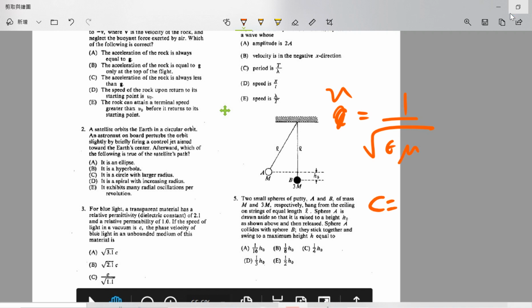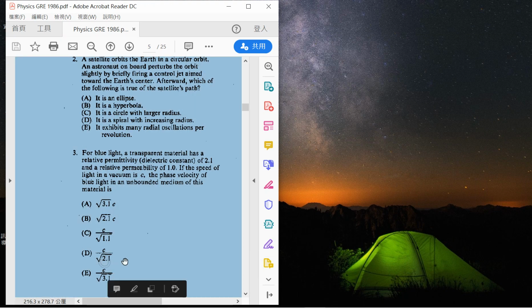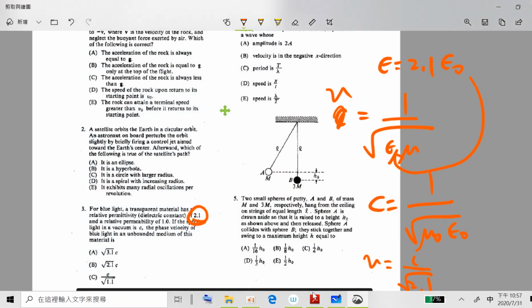The permittivity is 2.1, so epsilon is 2.1 epsilon naught, and this v is just c over the square root of 2.1. So the answer is D. This question is an old one, which I have already seen a few times.